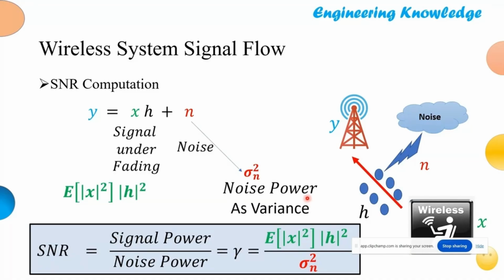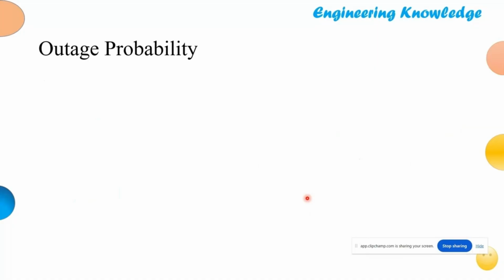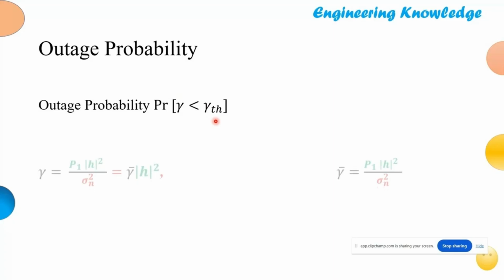So, having computed the signal to noise ratio, what is the outage probability? We can see that the outage probability depends on mod h square and sigma n square, and both of them are random variables. So we define the outage probability to be the probability that the instantaneous SNR gamma falls below a predefined threshold SNR gamma th.